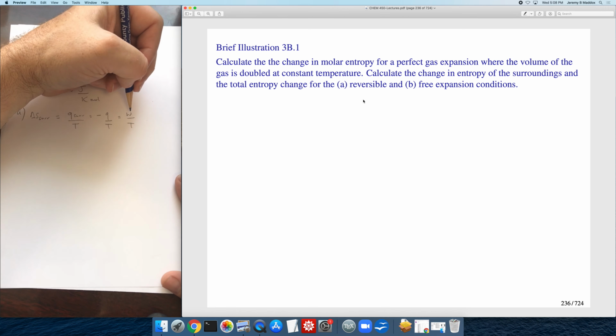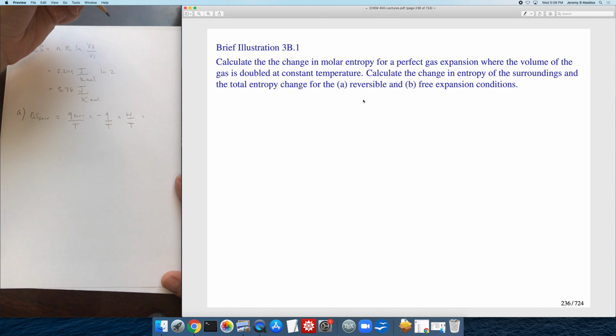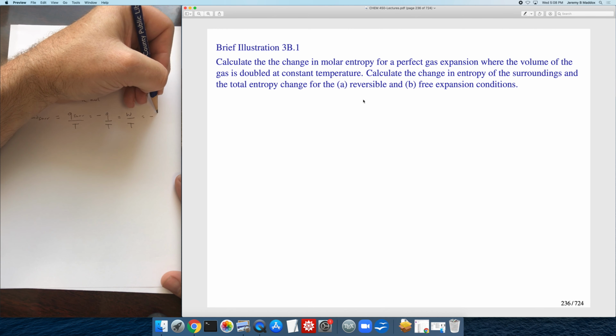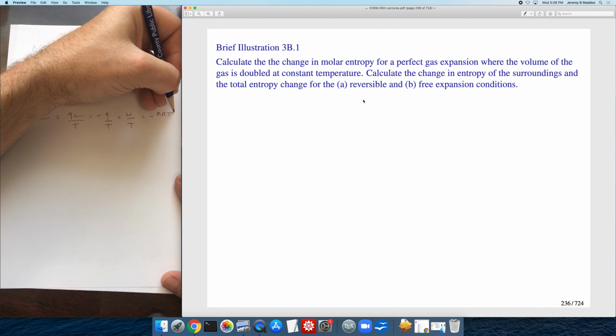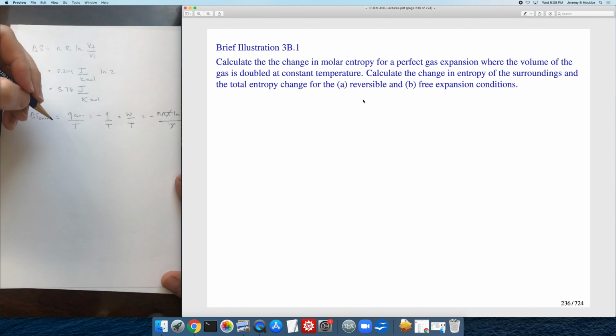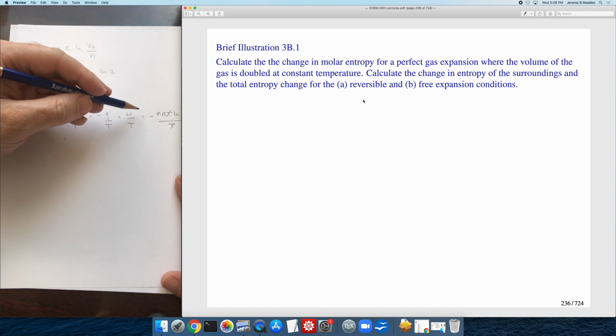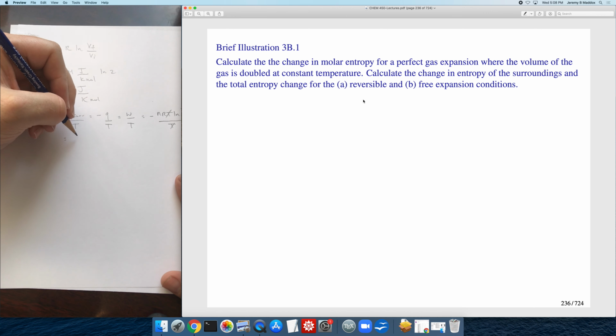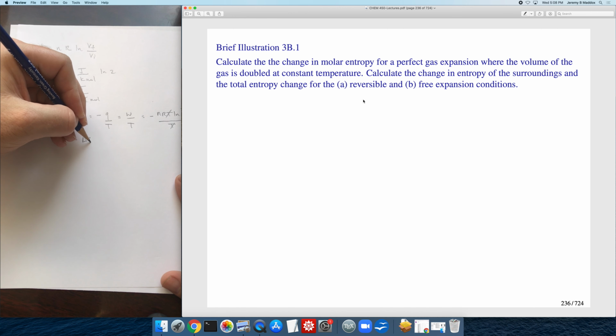And so for a reversible gas expansion, we've already studied the work. It's going to be negative nRT natural log Vf over Vi. We're dividing by T. Those cancel out, and we see that for the reversible path, delta S of the surroundings equals minus delta S of the system.